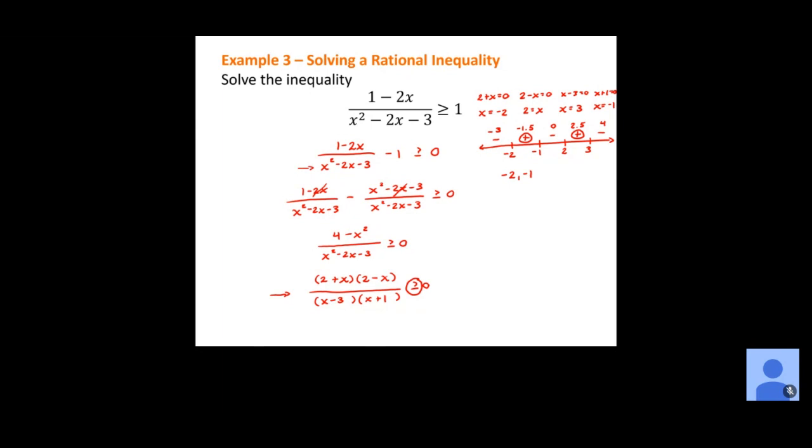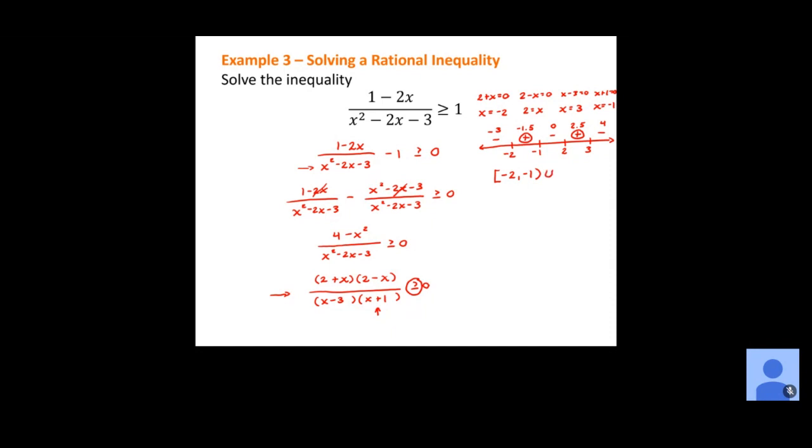Now, be careful here. I agree that the -2 is included, but remember, -1 came from this factor in the denominator right here. If I put a -1 in there, it's actually going to make this thing undefined. We cannot include that value, right? So -1 not be included. So we're going to use parentheses on that one.